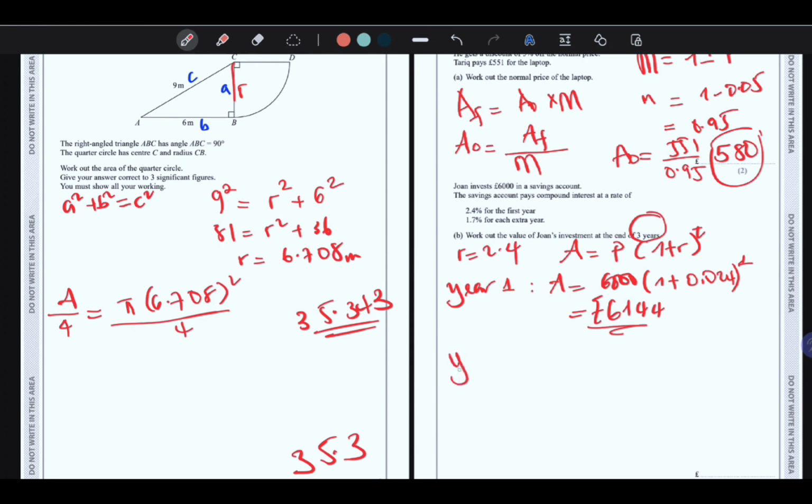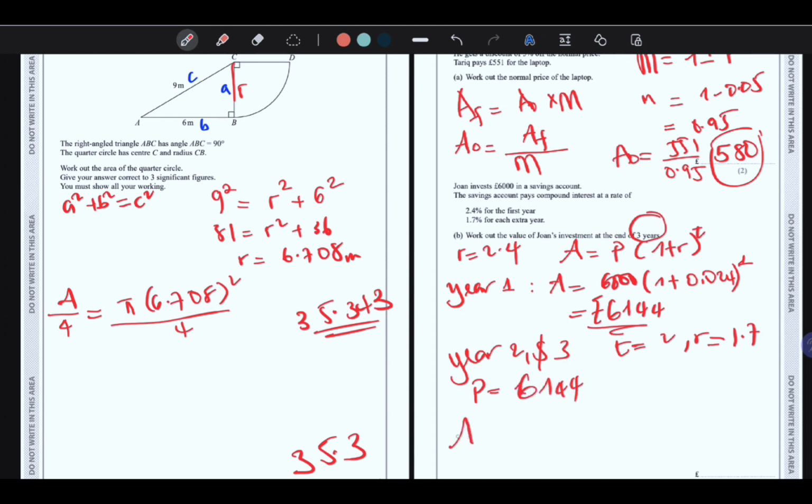So for year 2 and year 3, that's going to make the time equal to 2, the rate equal to 1.7, and the principal equal to 6,144.